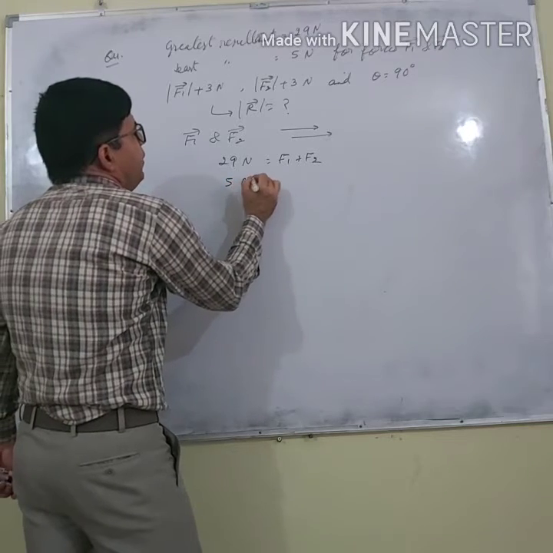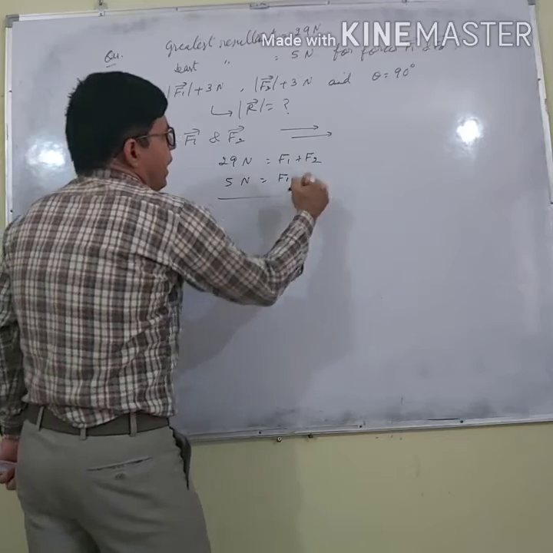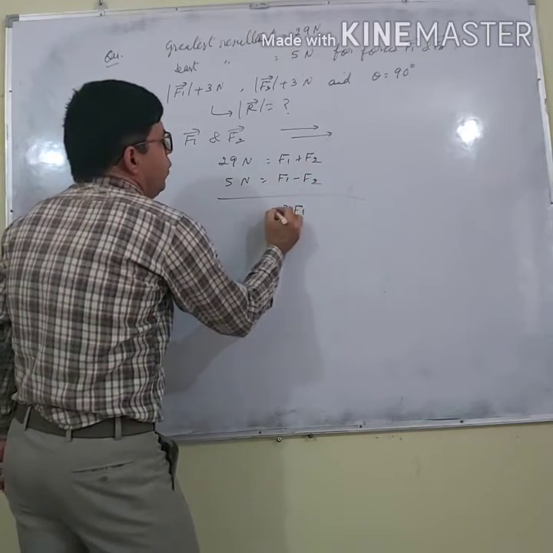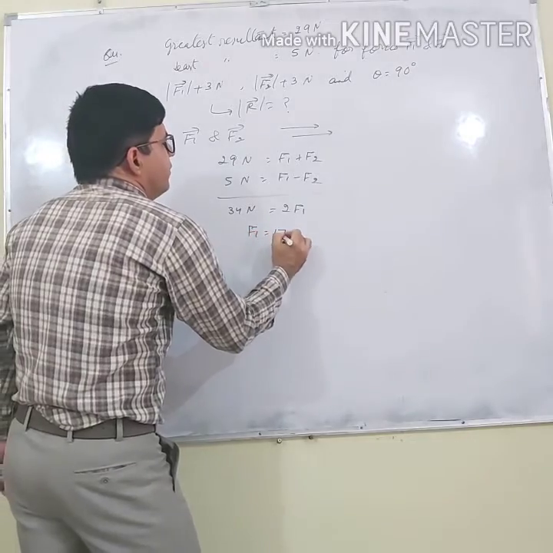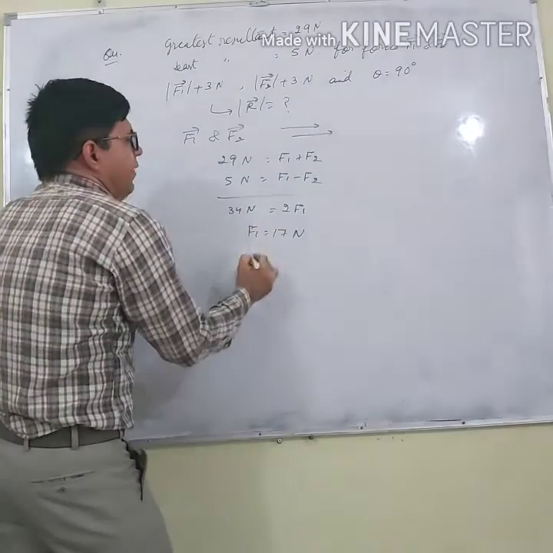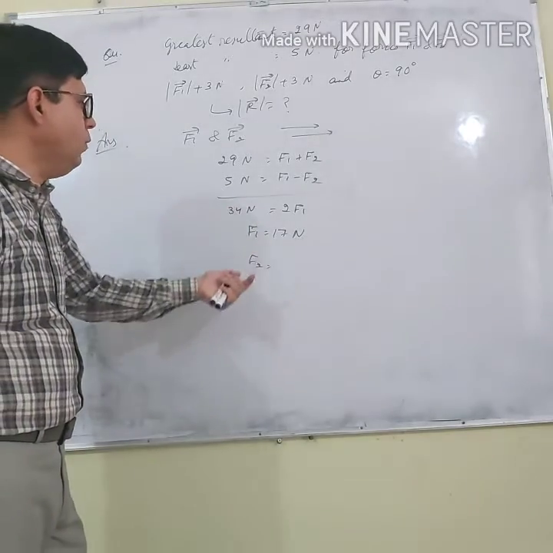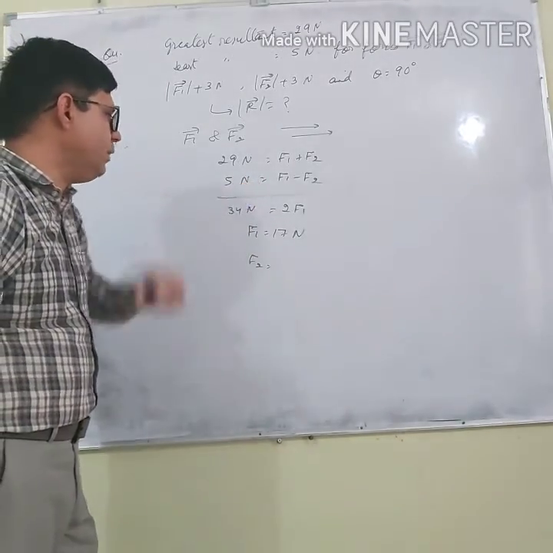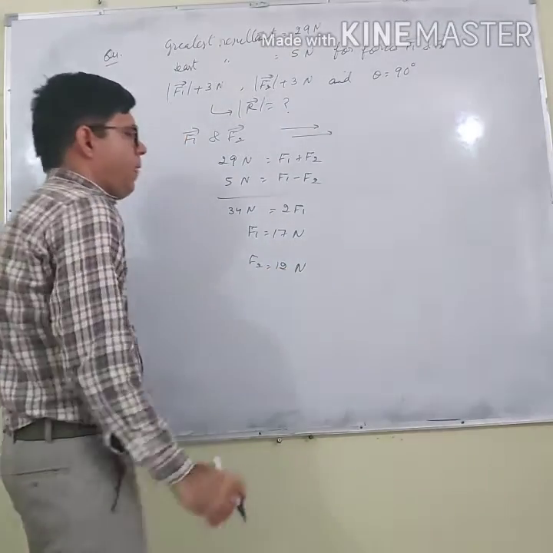And 5 Newton is when F1 minus F2. From here I can calculate F1. 2F1 will be 34 Newton. So F1 is 17 Newton. And what is F2? The difference is 5 Newton. So F2 is 12 Newton.